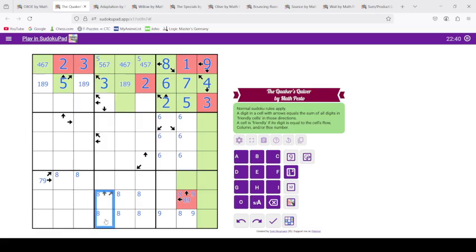Neither of those can be an 8. But this must be at least a 10. Anything else staring at this group of cells? No. No, there is not.